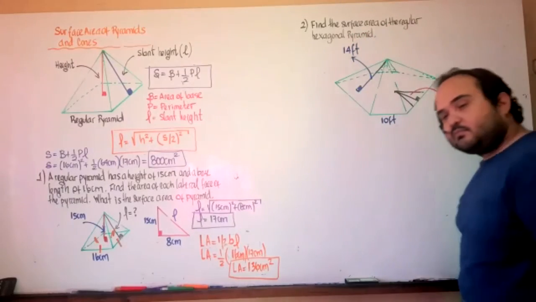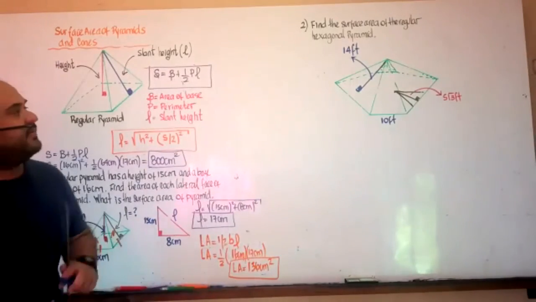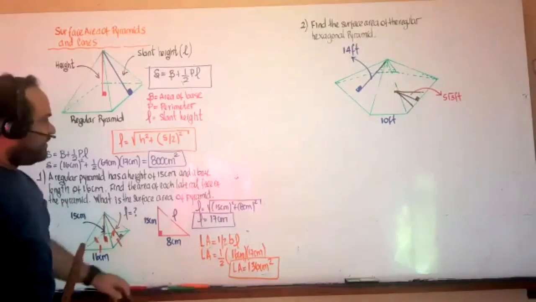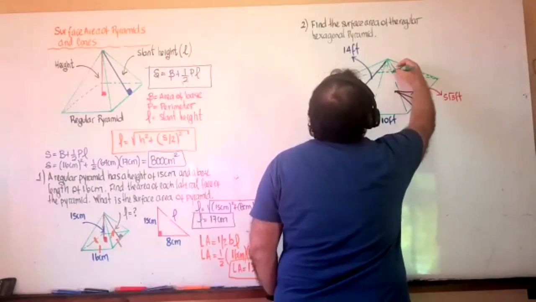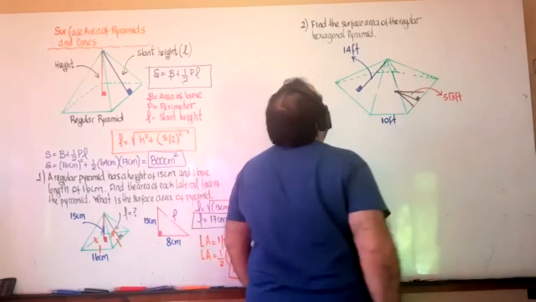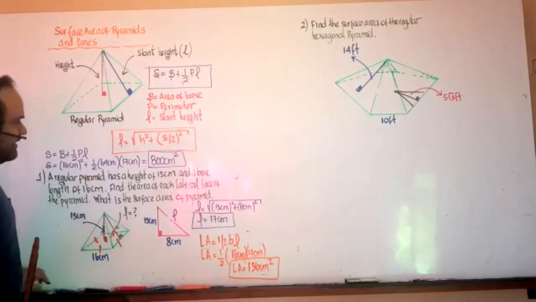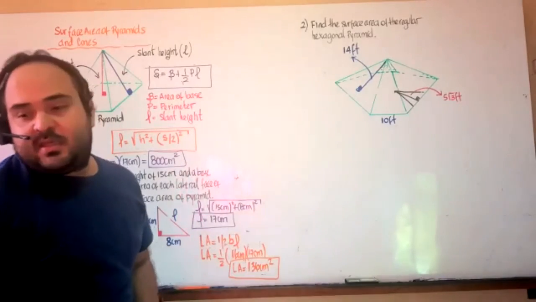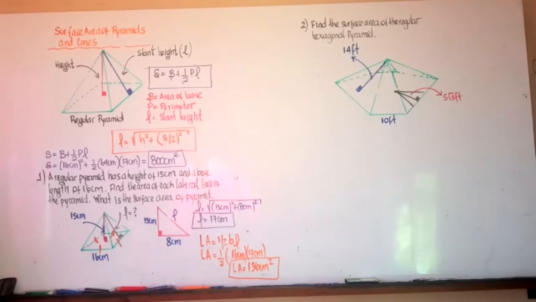¿Tenemos tiempo? No. Bueno, lo vamos a dejar hasta aquí. El día de mañana vamos a encontrar el área superficial de esa pirámide. Lo primero que tienen que hacer es calcular el área de la base, porque este es un hexágono.